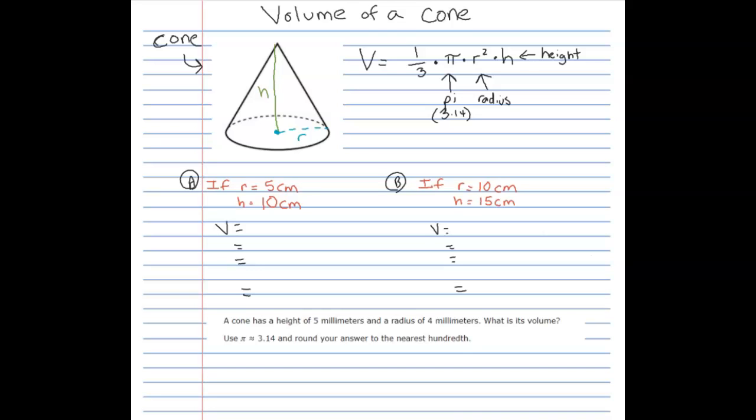Alright, let's do a couple of examples here. Number one, let's say the radius was 5 and the height was 10. So the volume here, we're going to take 1/3. Again, parentheses here are going to help. Multiply that by 3.14. This stays the same no matter what. The radius here is 5.